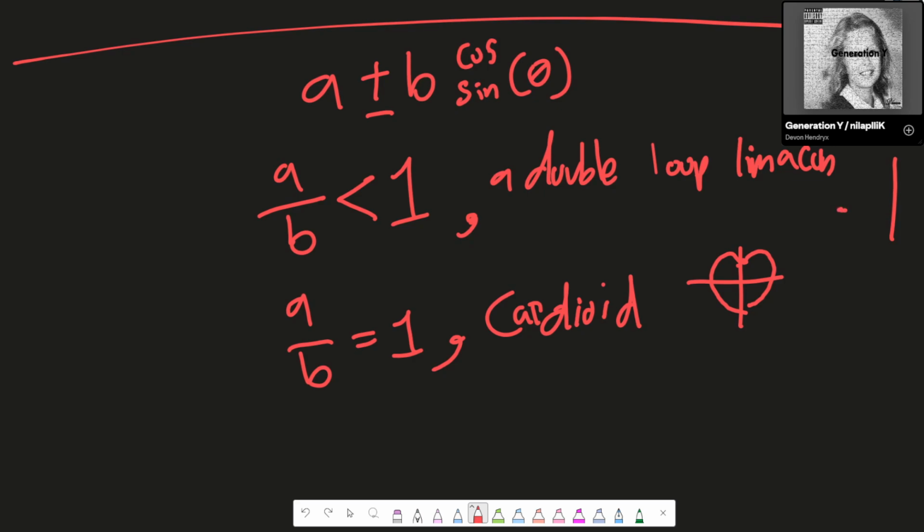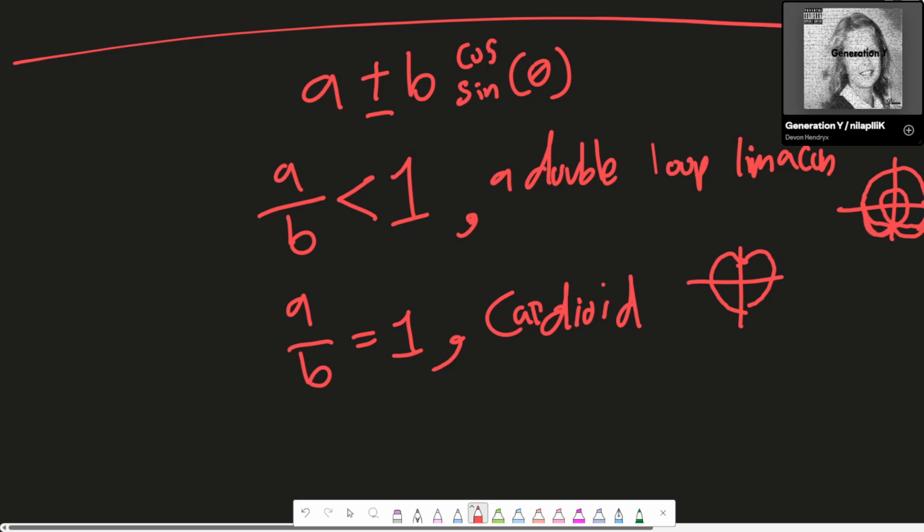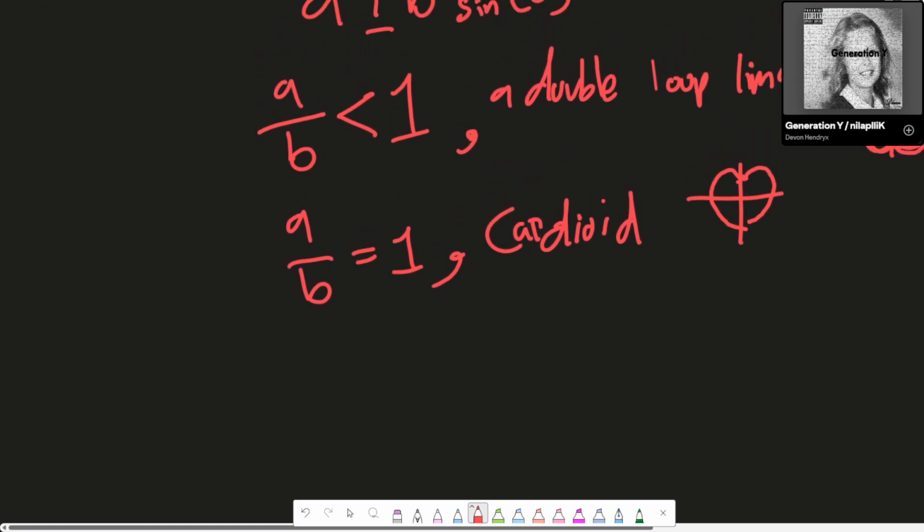I really cannot draw. If we were to start here, we go up here, boom. And then wherever the max of y is, usually in the opposite direction, you'll have the loop. Really, the loop kind of protrudes more, like there's a dent.